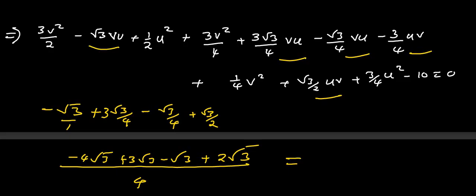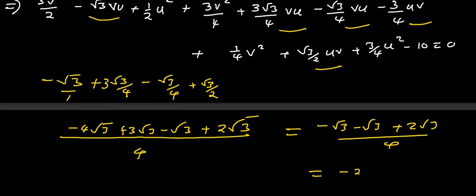So look at negative 4 plus 3, that's going to give us negative 1. Negative 1 and this, so I'm going to get negative root 3 and negative root 3, then plus 2 root 3 over 4. So you're noticing that this will be negative 2 root 3 plus 2 root 3 over 4. The top is a 0 over 4. You notice this is a 0, okay?